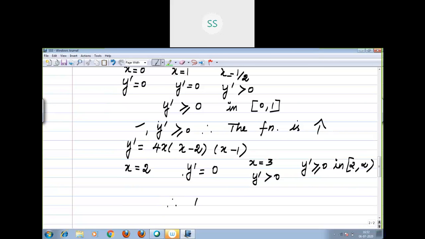Therefore, the function is what? Yeah, very good. Increasing, right? Greater than or equal to 0. Therefore, the function is increasing.